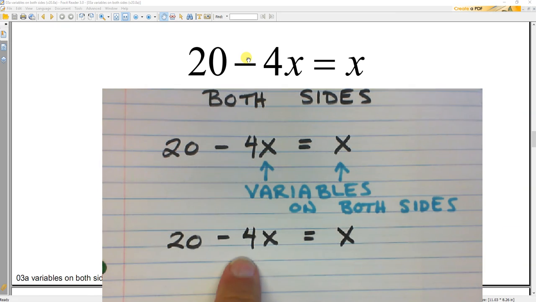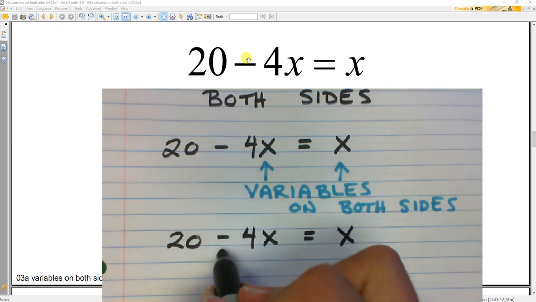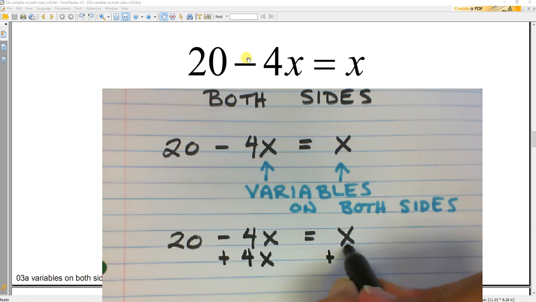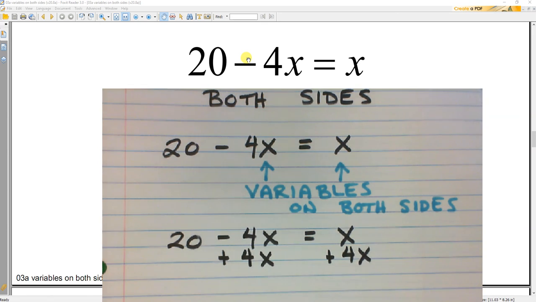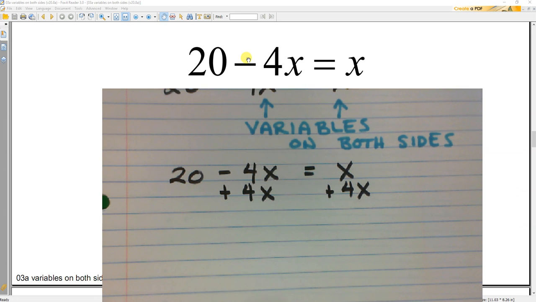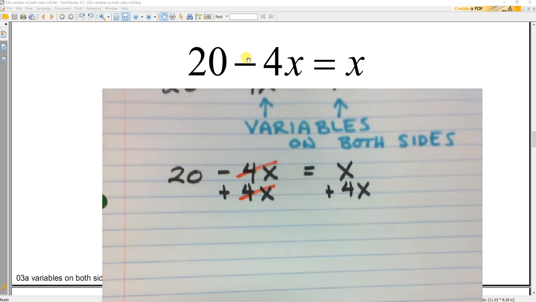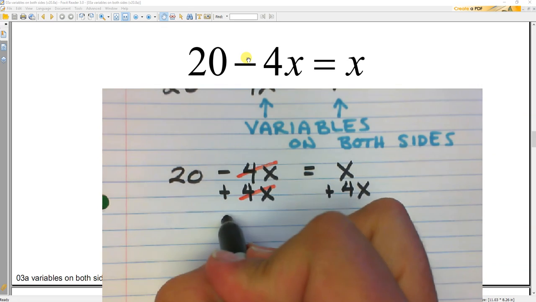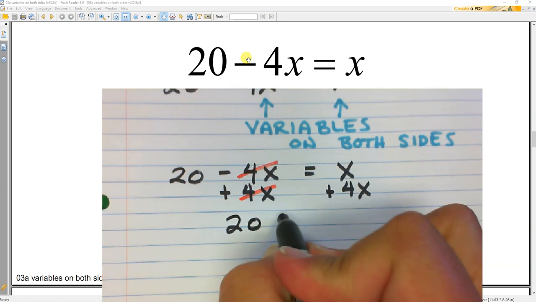So I want this to come over here. How am I going to do that? I'm going to add 4x to both sides. And what I have is the red marker of death and destruction. 20 equals, ready?